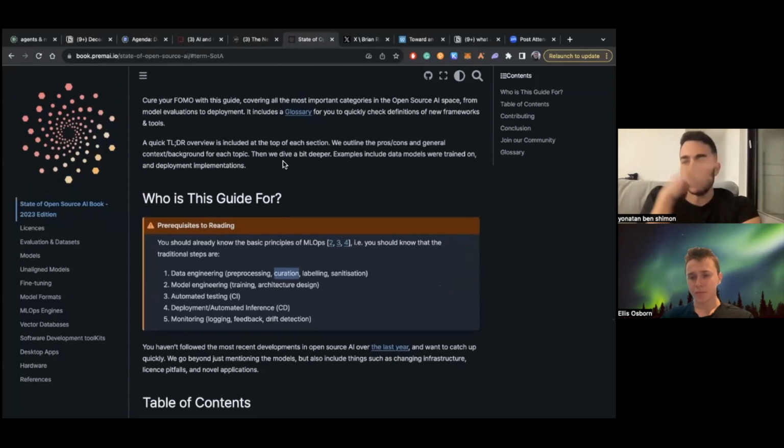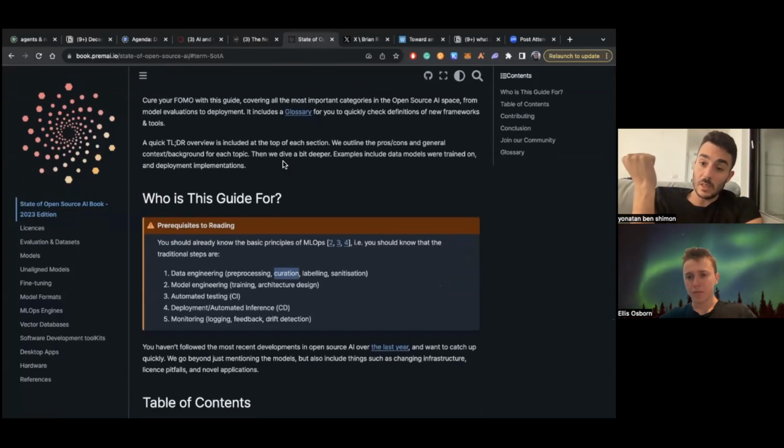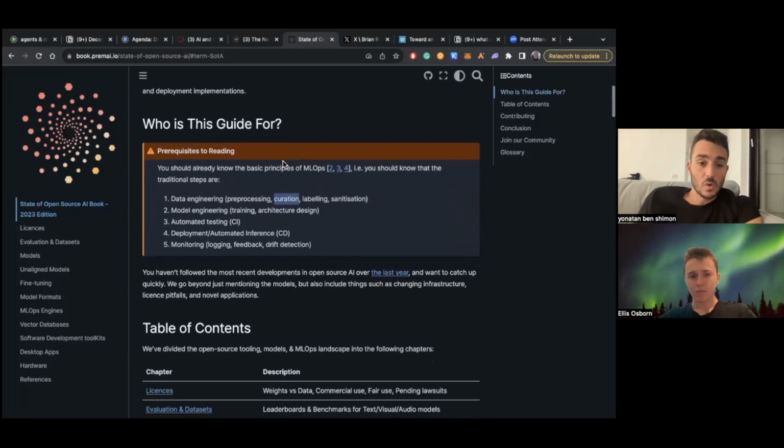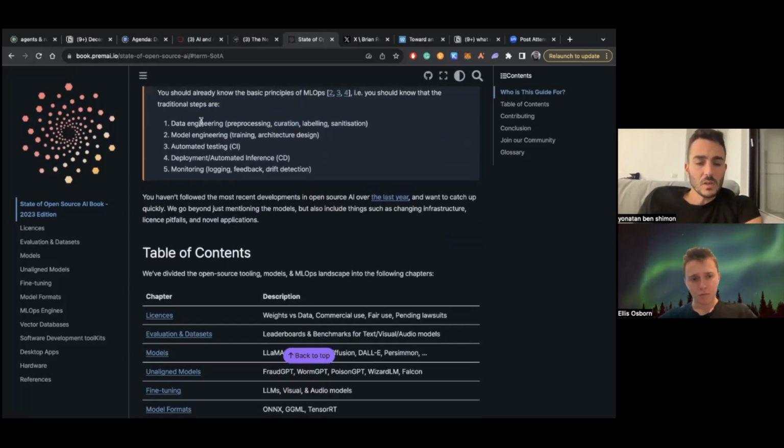We need more money to flow into those developers, but if we give money to the developers to do those tasks, then this could be the thing. Look at data engineering: processing, labeling, sanitization, pre-processing, curation.